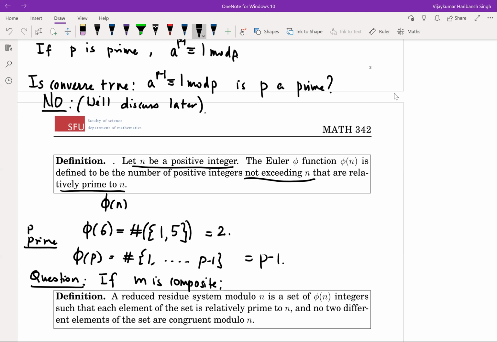What is phi of m? Or let's say the better way to ask it is: how do we calculate phi of m effectively? Again, I'm throwing in this word effectively, but we'll see how to do that.